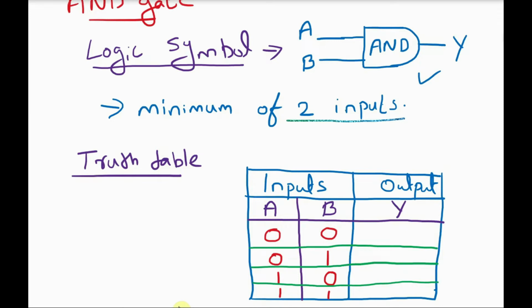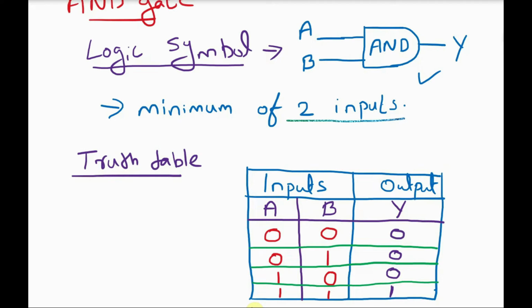So we want to find the output. In AND gate, the outputs are: 0 and 0 is 0. 0 and 1 is 0. If A is 1 and B is 0, that is 1 and 0 is 0, and 1 and 1 will be 1. So this is similar to multiplication, isn't it?